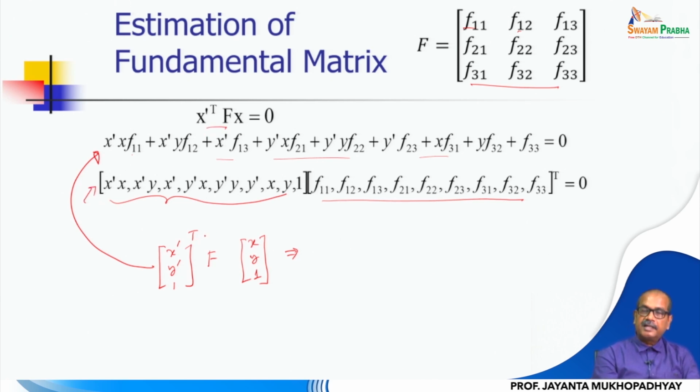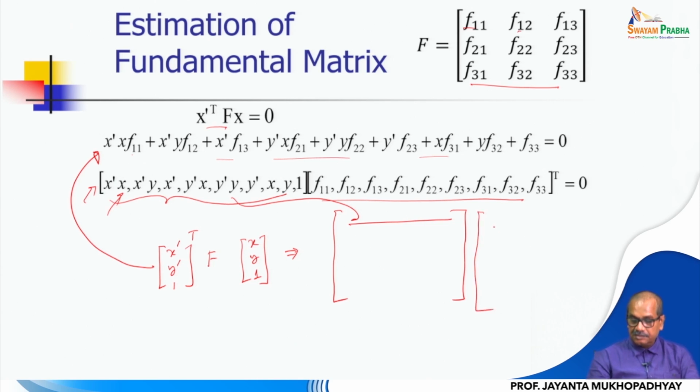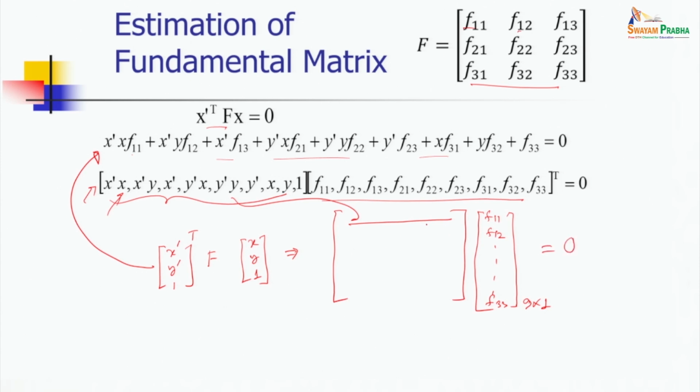Now consider there are n points. For each point you get another row. So for the first point I get the first row, and these are my unknowns, f11, f12, up to f33, which is 9 cross 1. The first row into this column gives me 0.